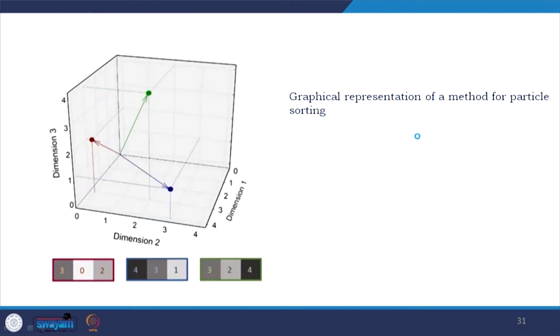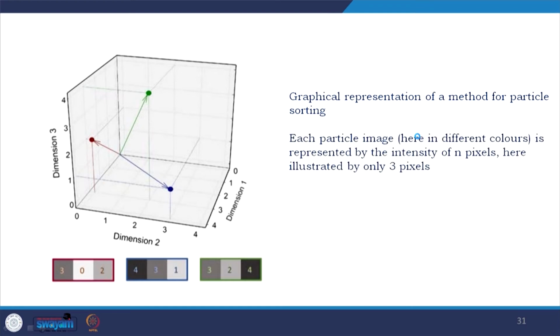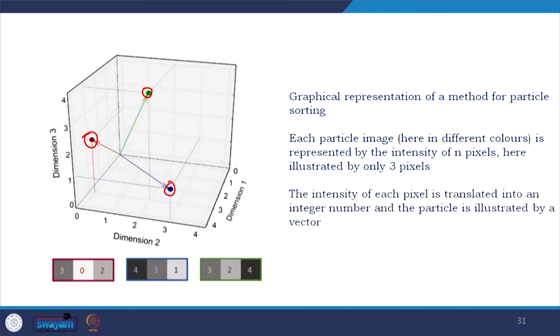So, if you see here, it is the graphical representation of a method of particle sorting. Here each particle image is represented in 3 colors, 1 particle, 2 particle, 3 particle. So, represented by 3 pixels, the intensity of each pixel is translated into an integer number and the particle is illustrated by a vector.